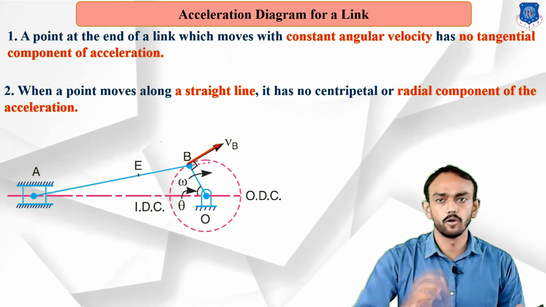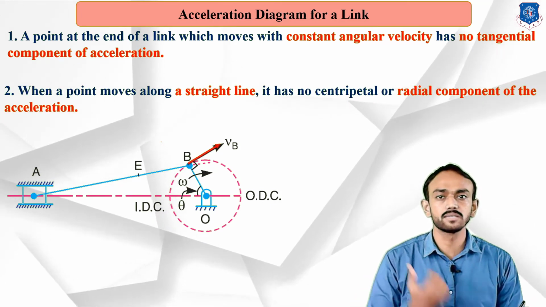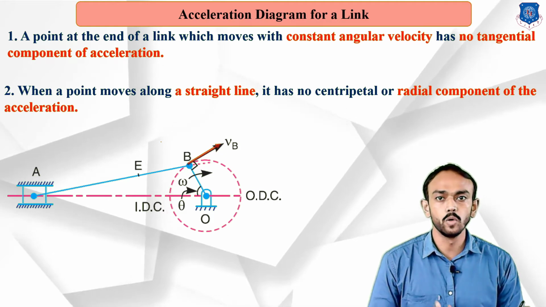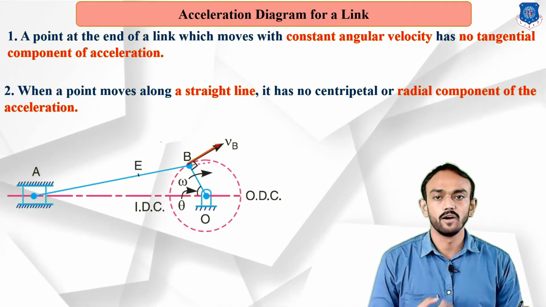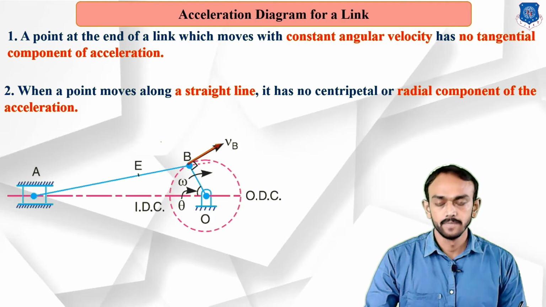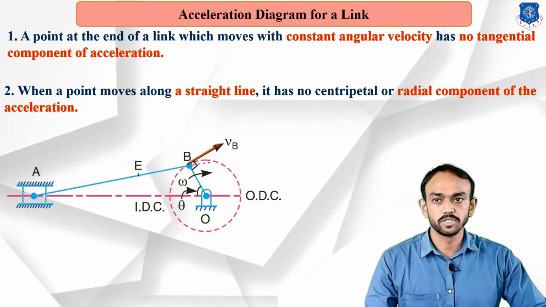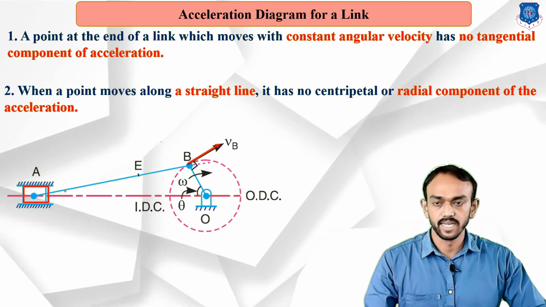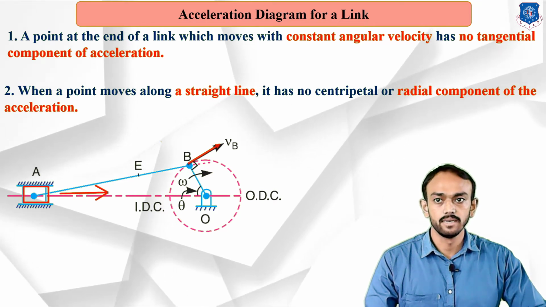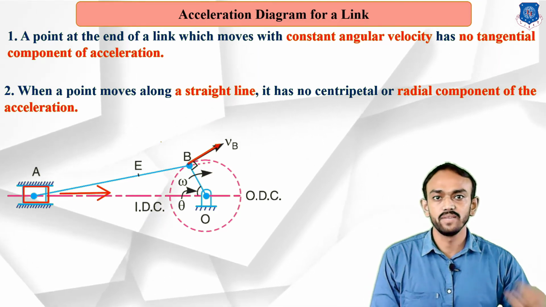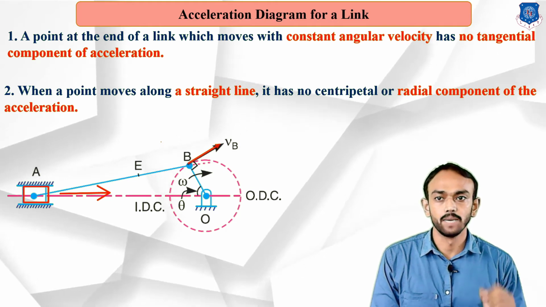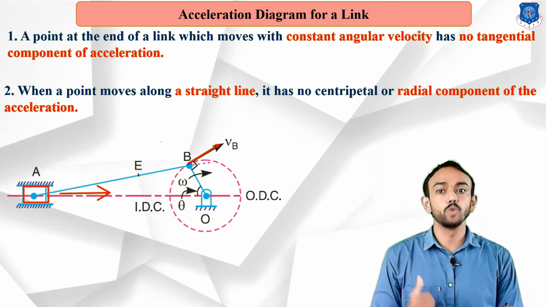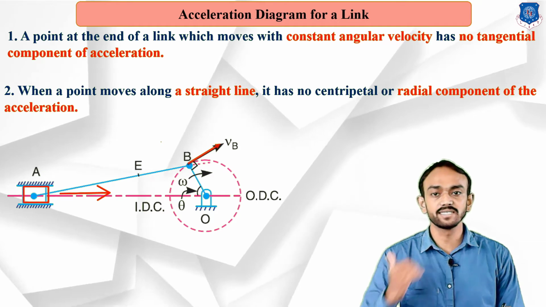Now, the second important point, which is for the slider. When a point or any element moves along a straight line, it has no radial component of acceleration. You can see this piston right now, which is sliding in this direction. There will be no radial component because there is no change in direction. It is moving in the same direction.